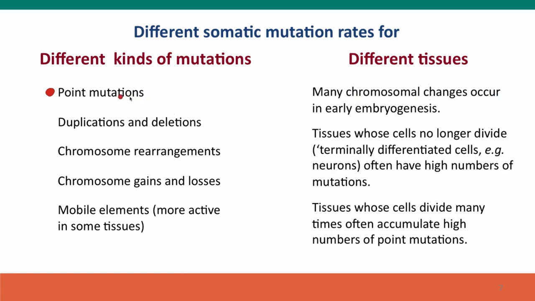In different tissues, both chromosomal changes and point mutations occur a lot in early embryogenesis because cells are dividing rapidly, and the cell division often makes the kind of mistakes that we'll talk about in Module 10. Tissues whose cells no longer divide often have accumulated large numbers of mutations due to DNA damage that was poorly repaired.